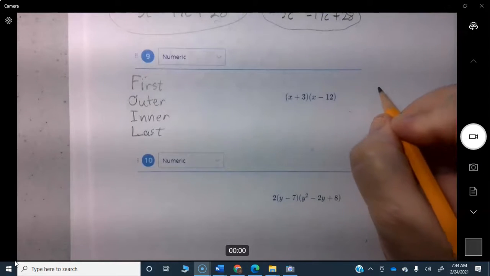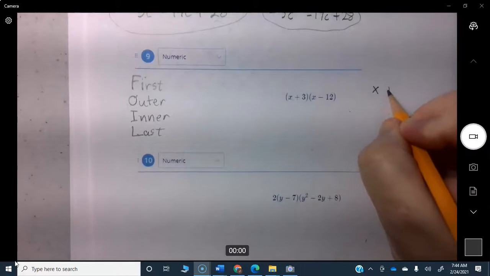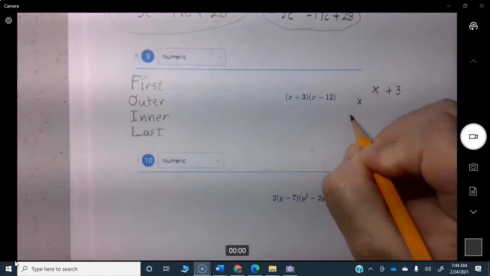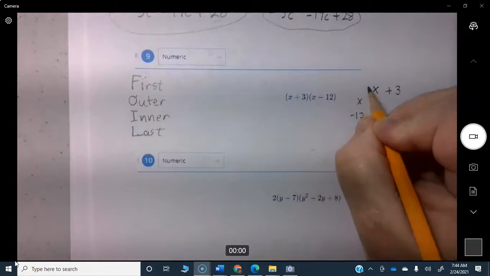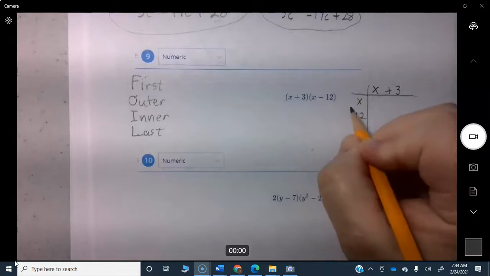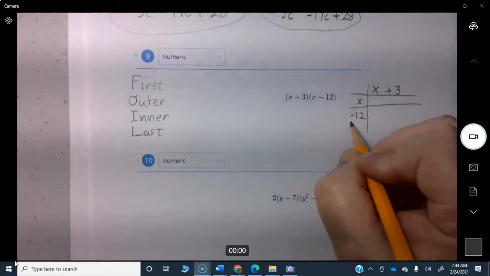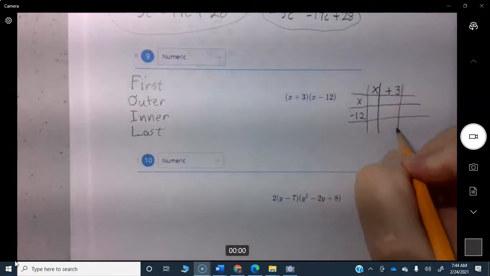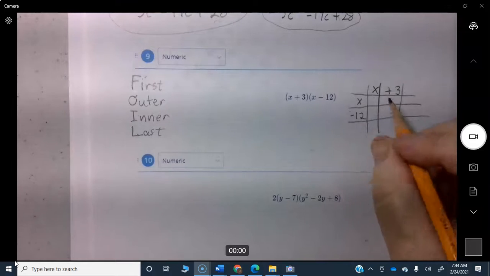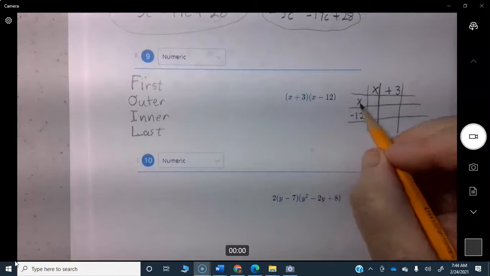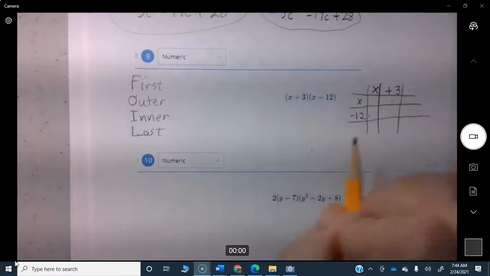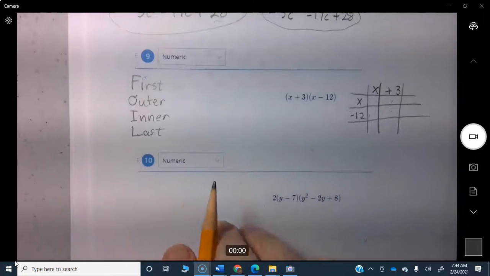If you wanted to, you could write this, x plus 3, and over here write x minus 12. I can multiply this times this, this times this, this times this, and this times this, and then add them the way we did earlier. But this is simple enough that you don't need to do that.